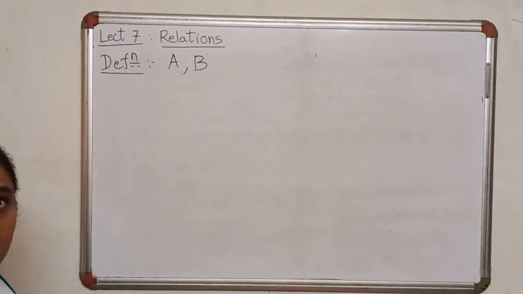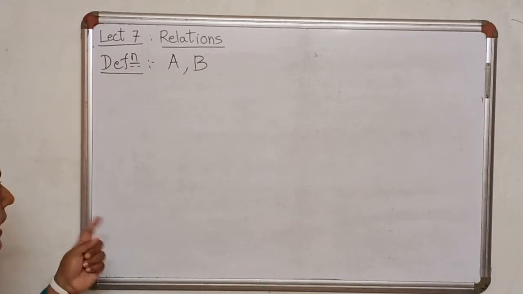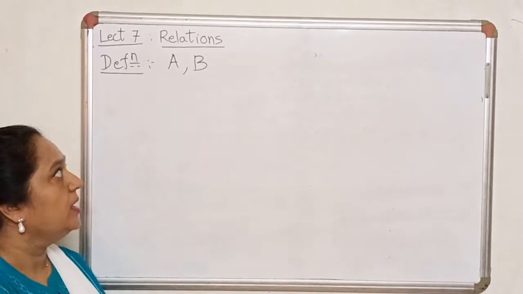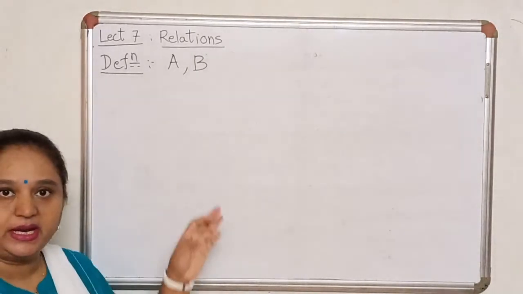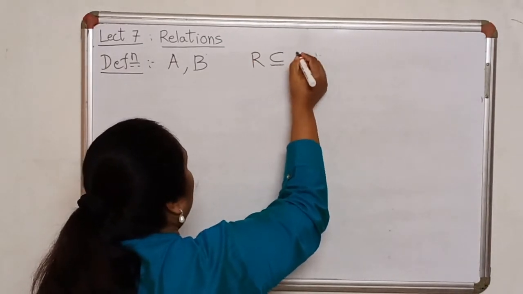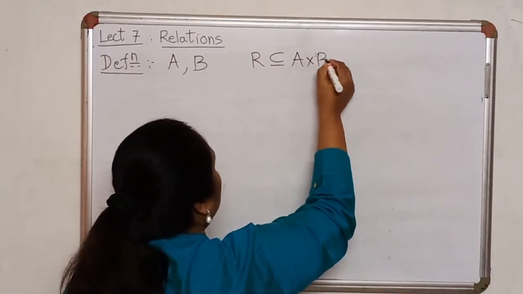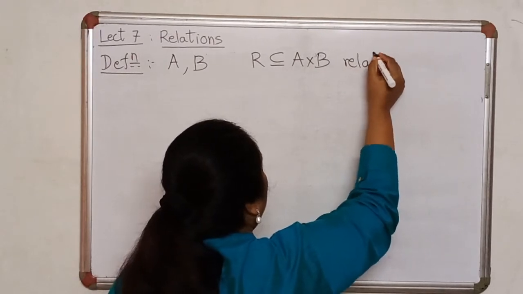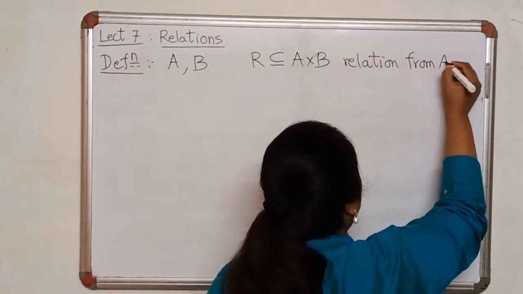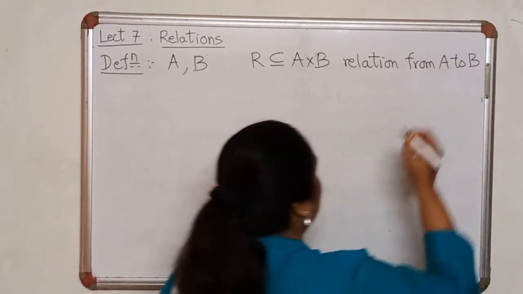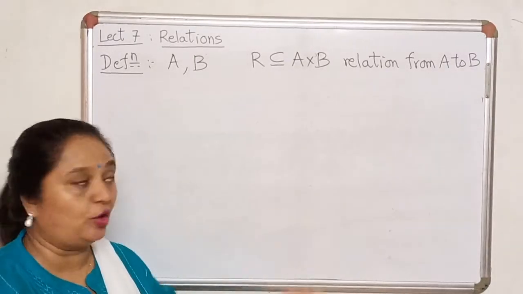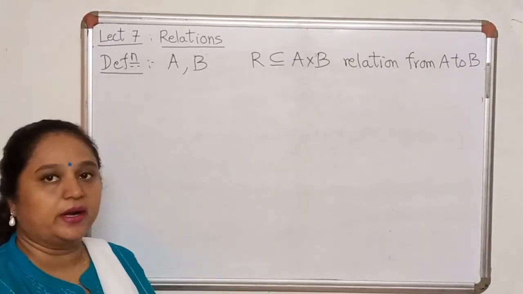We have already seen how to take the Cartesian product of A and B. A cross B contains all possible ordered pairs of elements where the first element comes from A, second element comes from B. Any subset of A cross B will be called a relation from A to B, from the first set to the second set.